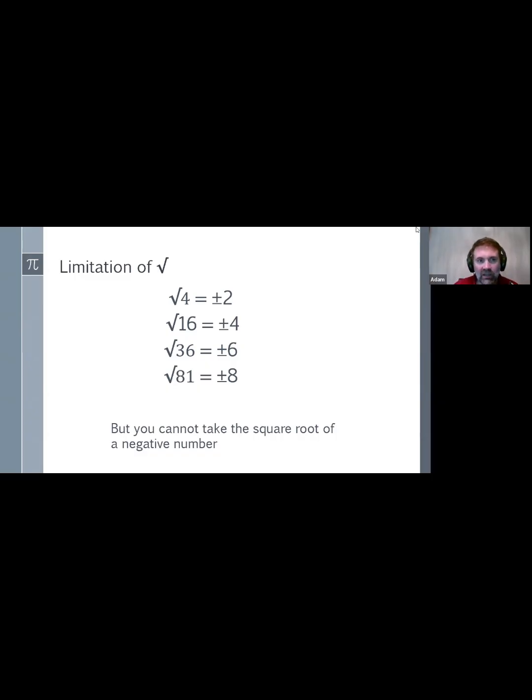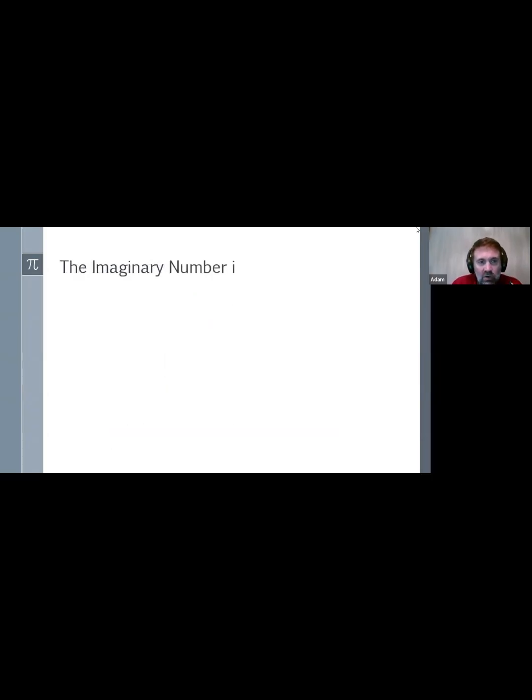That becomes an undefined solution in the real set. So we need new numbers. Just like when we had natural numbers and we couldn't do 5 plus b equals 3, we needed new numbers. So we need new numbers in order to do this last operation of the square root.